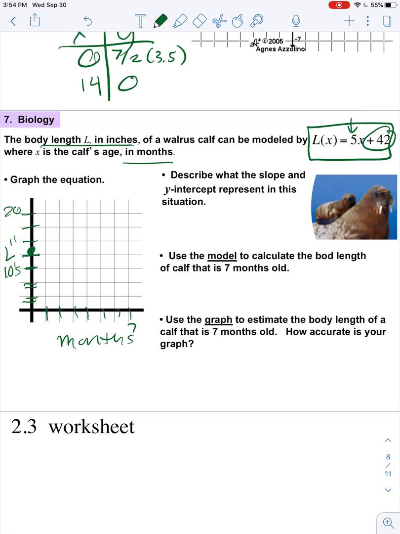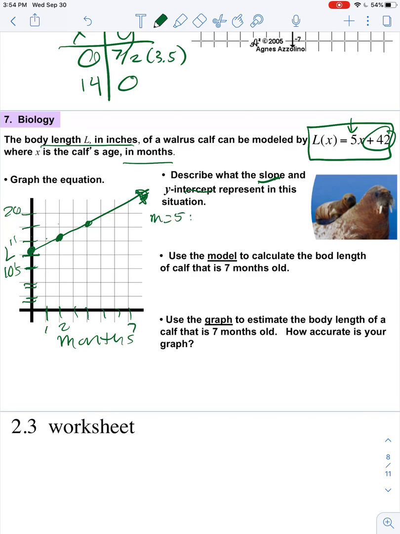So 10, 20, 30, 42-ish. And then I'm going to go up 5 for every month, which would be 10 for every 2. So I'm going to jump up 10 over 2, just because 10 is easier to count since I'm counting by 10s. I'm going to go up 10 again over 2. And in this case, I'm going to get something that kind of goes like that. And I don't actually extend backwards because it doesn't make sense to have negative months.